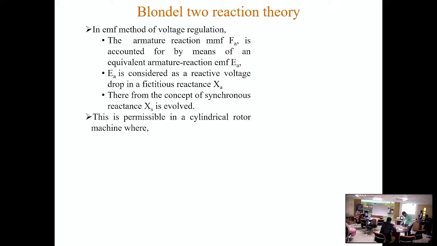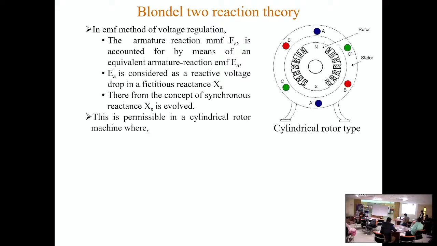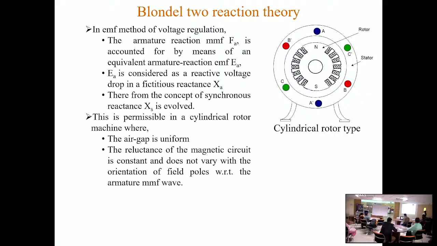Now, if we neglect the slot openings, the air gap is more or less uniform. So if the rotor rotates, the air gap length will not change. The air gap is uniform and the reluctance of the magnetic circuit is constant and does not vary with position. Whether this N pole is here or here or here, it doesn't matter.